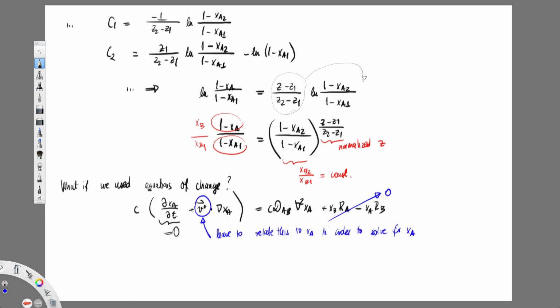So basically, if I look at the Z component of this, because that's the only thing that is alive here, it's CVZ star. And gradient component in Z direction is DXA DZ. Again, I have only dependence on Z, so it is equal to C DAB. And this Laplacian simply becomes D square XA DZ square. So this is my Z component of the vector equation above.